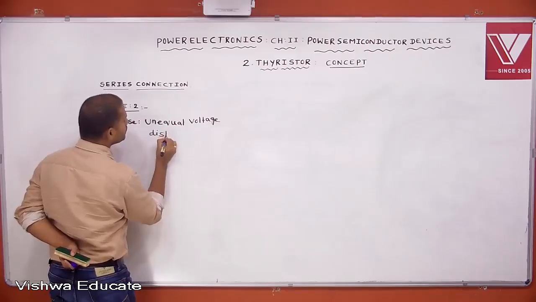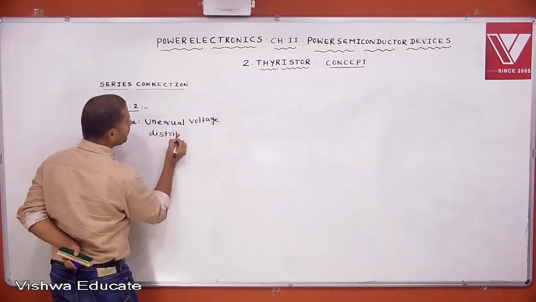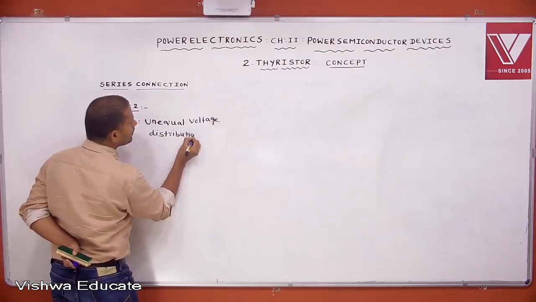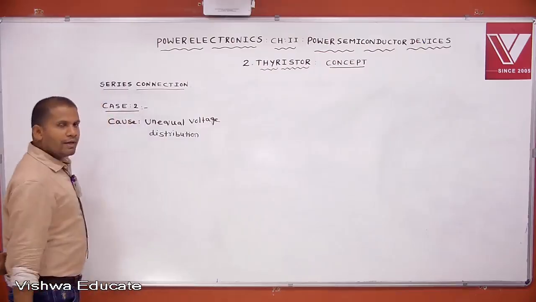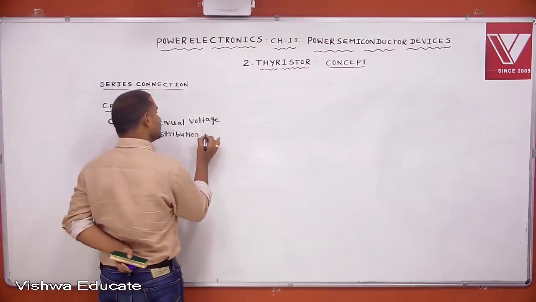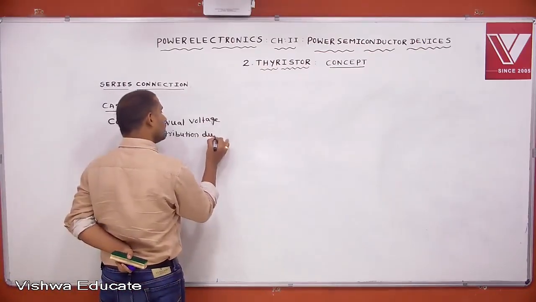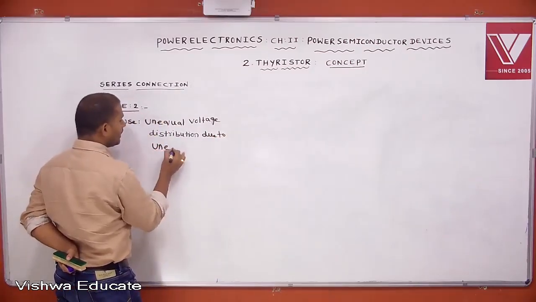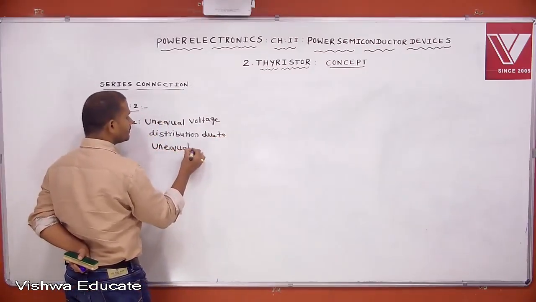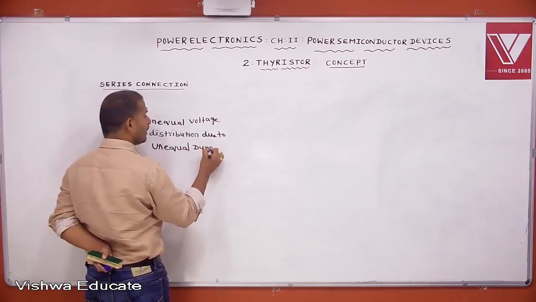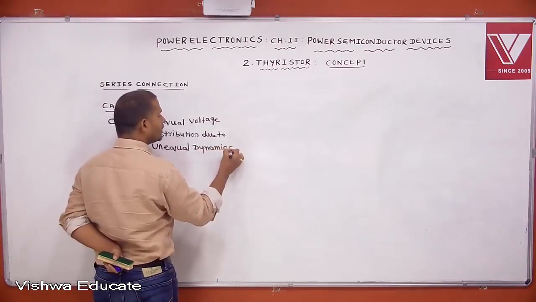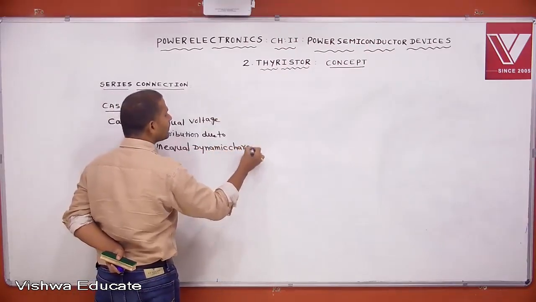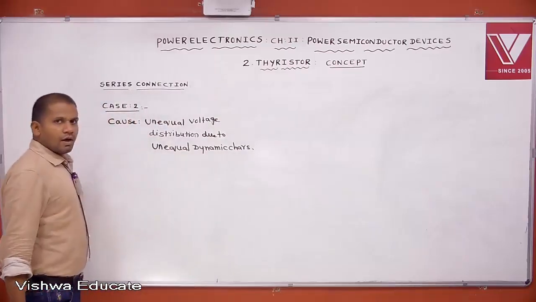Unequal voltage distribution is due to unequal dynamic characteristics. This is the cause.